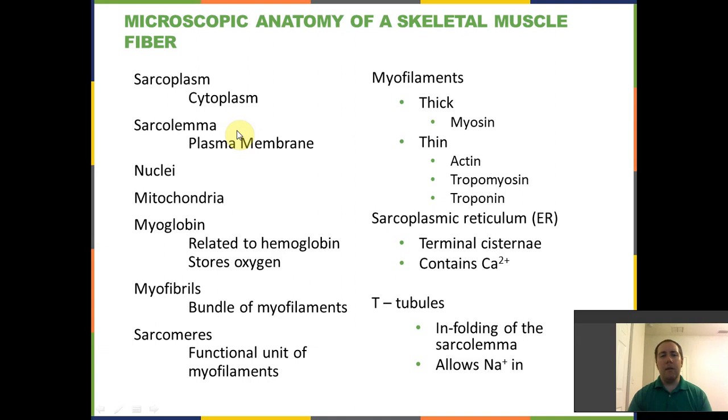There are going to be nuclei here. We saw them. We know that there's multiple nuclei. There's going to be mitochondria. We have to have energy. Muscle cells actually have an extremely high concentration of mitochondria. Why do you think muscle cells might have more mitochondria than other types of cells?